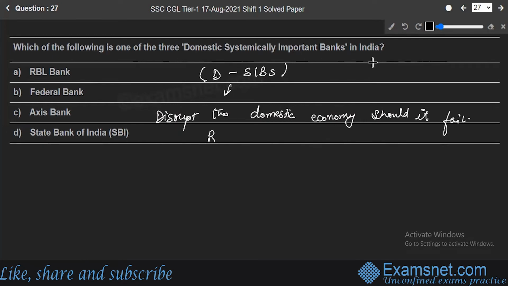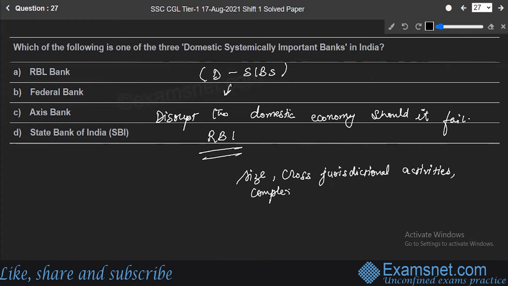According to RBI, some banks become systematically important due to their size, cross jurisdictional activities, complexities, and lack of substitute and interconnection, right? So banks whose assets exceed 2% of the GDP are considered as a part of this group.